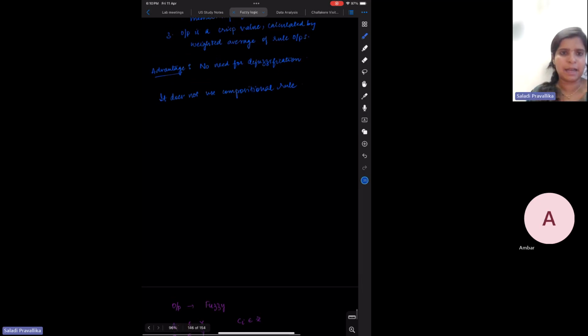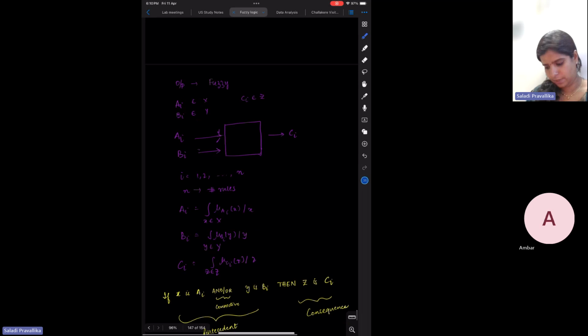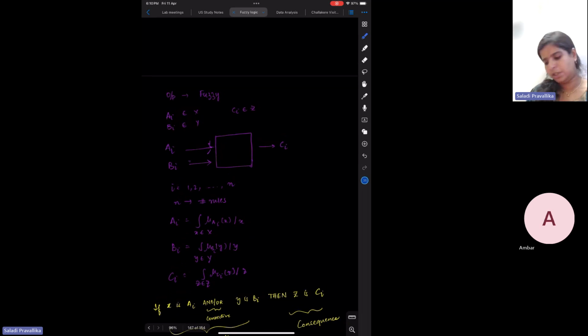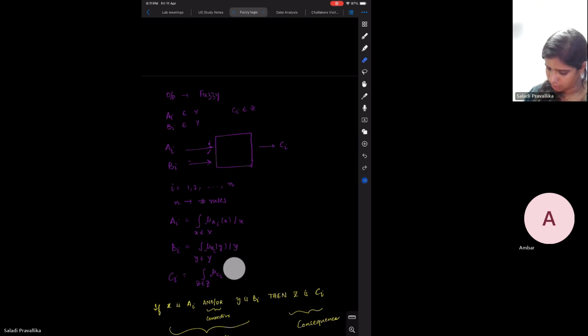Before we had max-min composition or max-product composition, but in the Tsukamoto fuzzy model you will not have all of that. It is similar in that you have two input membership functions, Ai and Bi, and n number of rules. The output here is not a fuzzy value, it's just going to be a single crisp value, right?